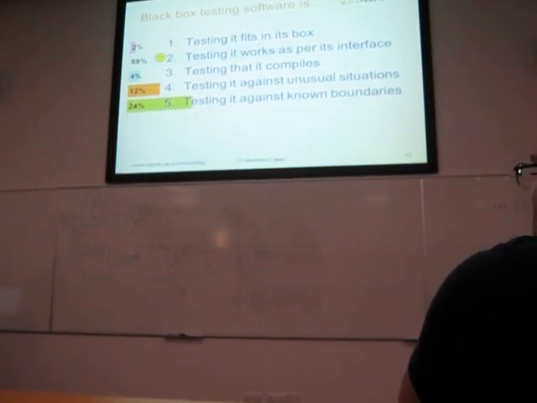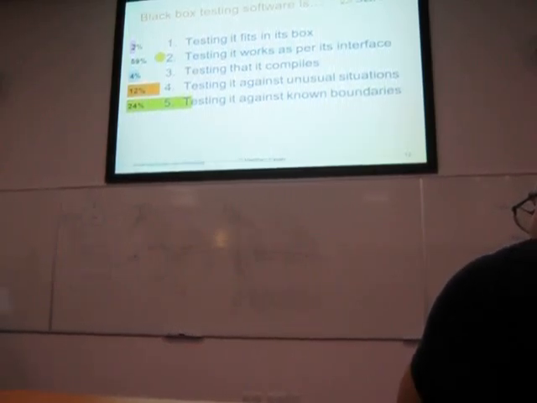So it's definitely not number 5. Boundaries doesn't mean what the system can and cannot do, but it's more to do with pushing the limits of the code that you've written. It's not a perspective thing.